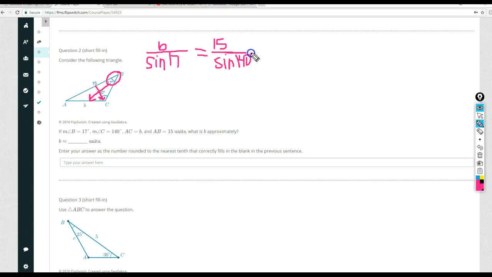Now 15 divided by sine of 140 is a number. Since we have B and we're trying to solve for it and it's being divided by sine of 17, I'm going to use the multiplication property of equality and multiply by sine of 17 to both sides.